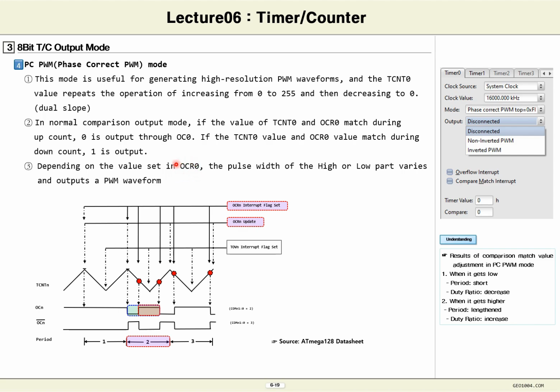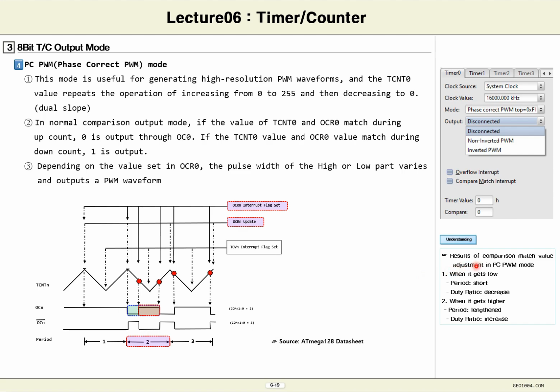We can check that the high-low ratio in the output PWM waveform changes depending on the value set in OCR0. As you can see, please be aware that the size of the high ratio changes depending on whether the value of OCR0 goes up or down. You just need to know that the high ratio changes in one frequency waveform.